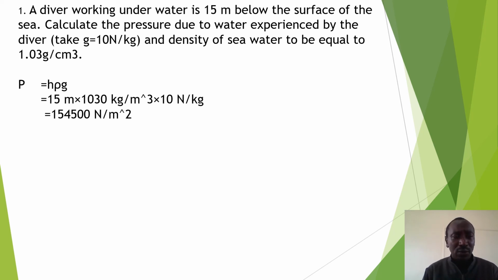Therefore, it will be equal to 15 meters multiplied by 1030 kilograms per cubic meter multiplied by 10 newtons per kilogram, and therefore you get 154,500 newtons per square meter. So for the factors or the units that you're using, you have to use the SI units.